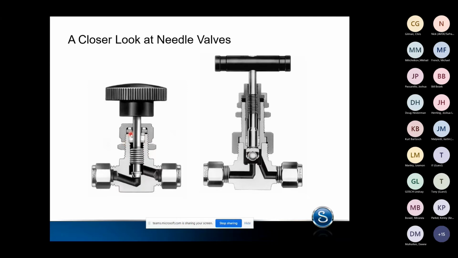What we mean by the bonnet of a needle valve is where the stem threads are located. So our actuation stem threads are integral to the body of the needle valve. That's what the integral bonnet means, that the actuation stem threads are integral to the body of the valve.